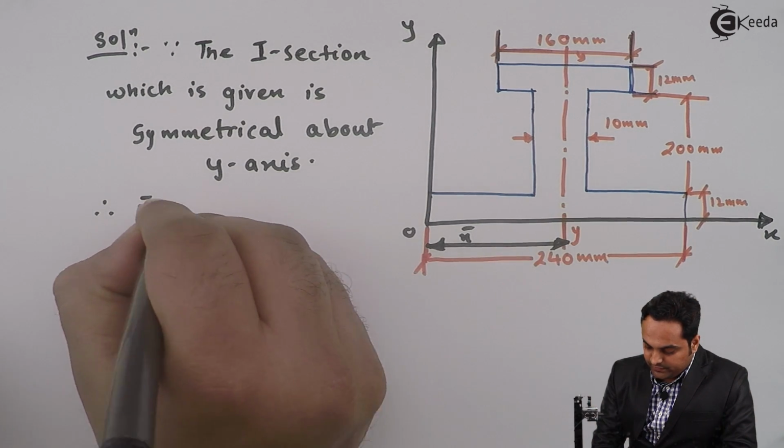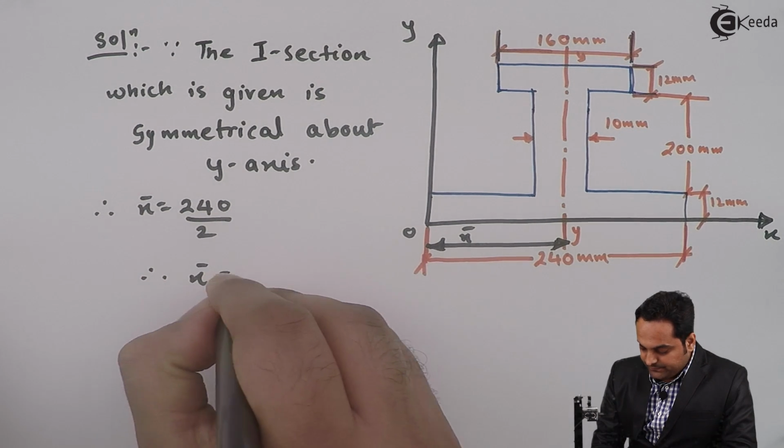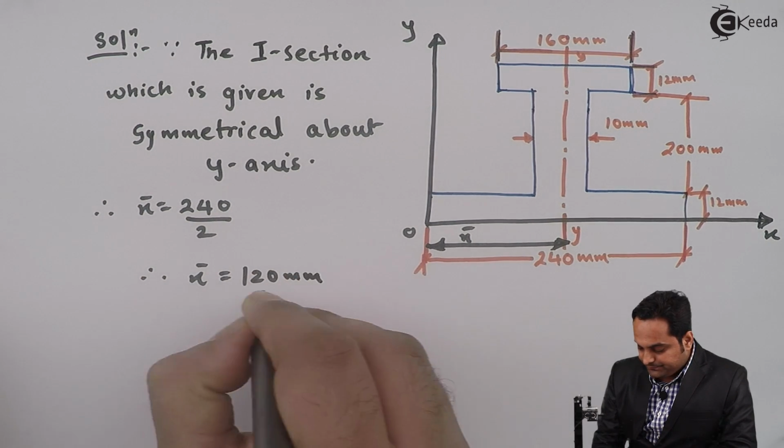So x bar will be half of 240, that is 120 mm.